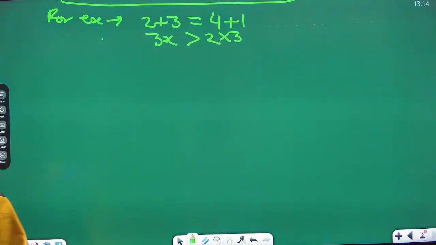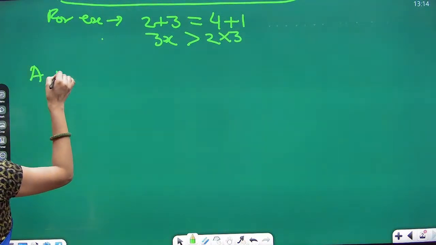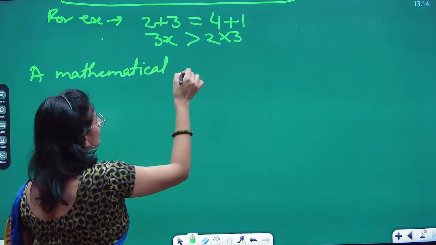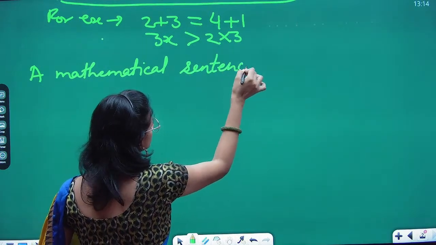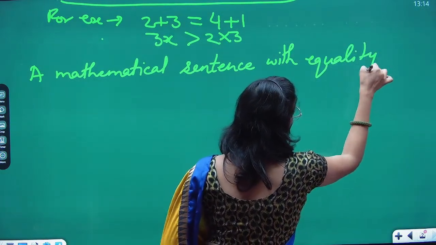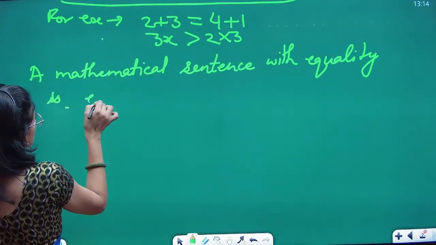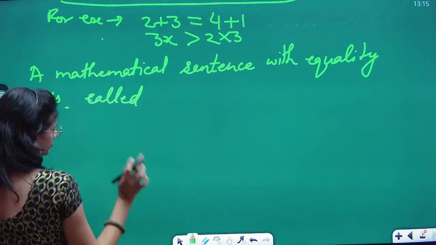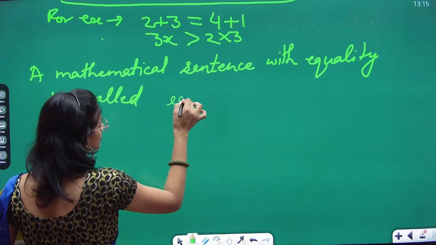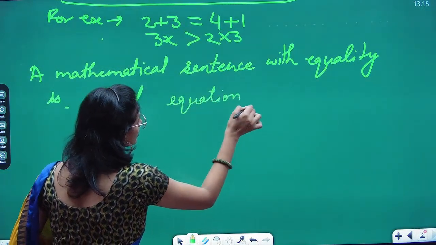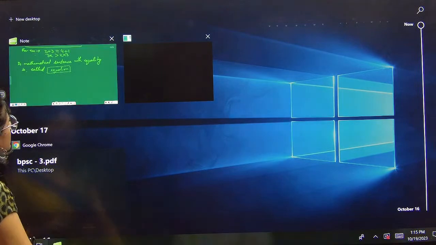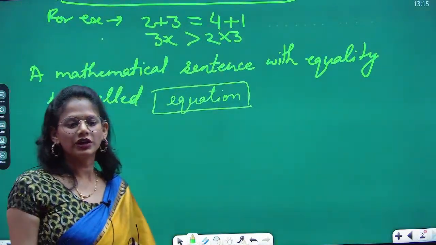A mathematical sentence with an equal sign, a mathematical sentence with equality, is called an equation. So we have to study about equations.